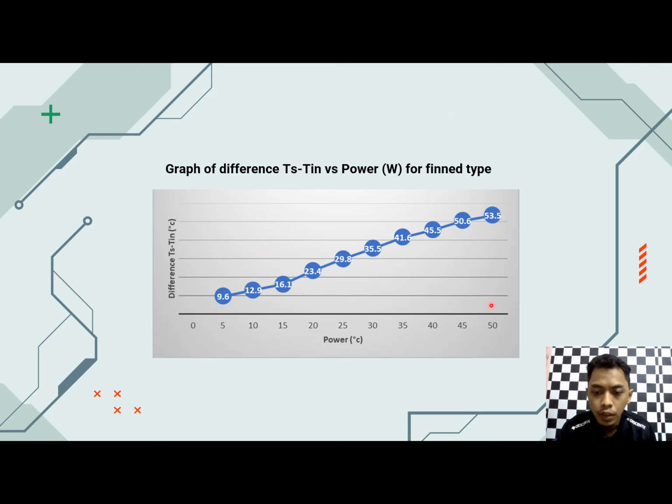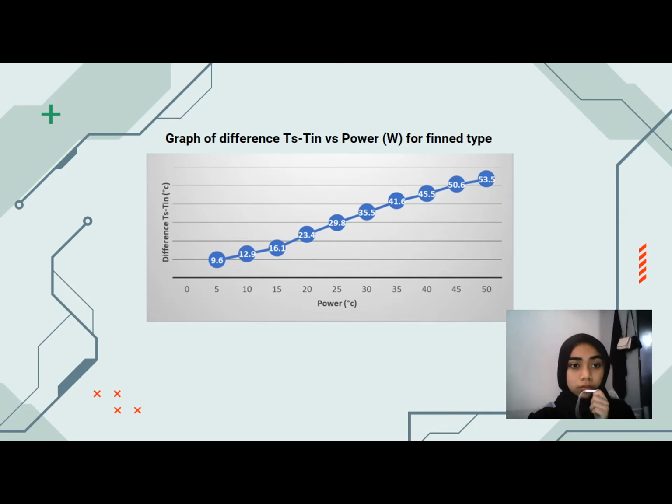As we can see, for the power of 50 watt, the highest temperature is 53.5, and we can conclude that pin type has the lowest temperature at 50 watt power compared to fin type. So this is the graph of difference in temperature versus the power for fin type. The graph shows it is directly proportional.